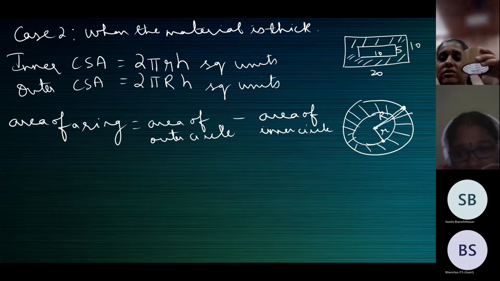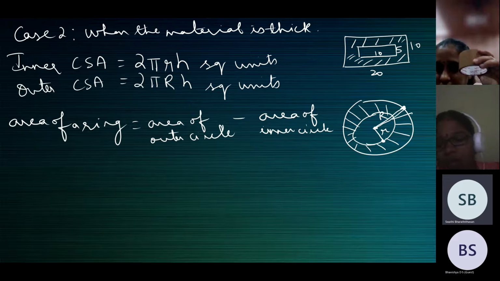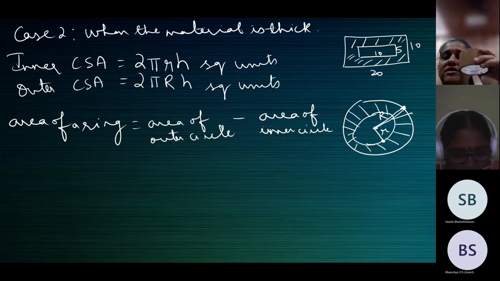The area of the outer rectangle minus the area of the inner rectangle. Yeah, correct. The area of the shaded region is the area of the outer rectangle minus the area of the inner rectangle. What is the area of the outer rectangle?